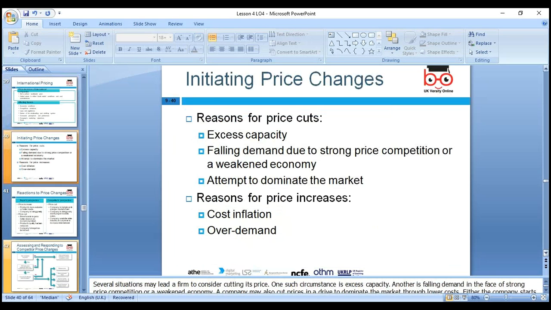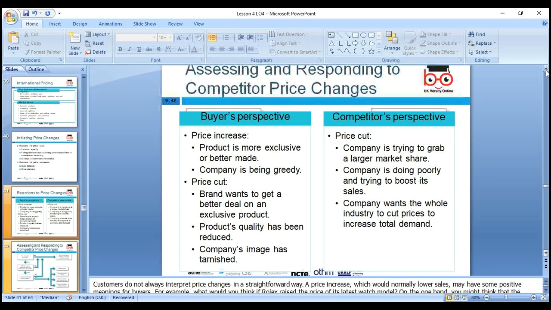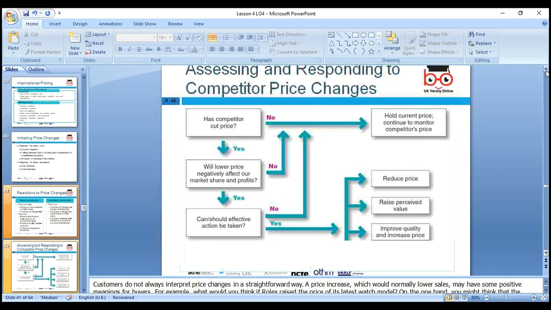In a pricing change, we need to look at different factors and adjust to the reaction to the price change. Of course, buyer perspective, competitor perspective: if a competitor cuts the price and your price increases, what will happen? Your demand will drop, or the customer will still buy.